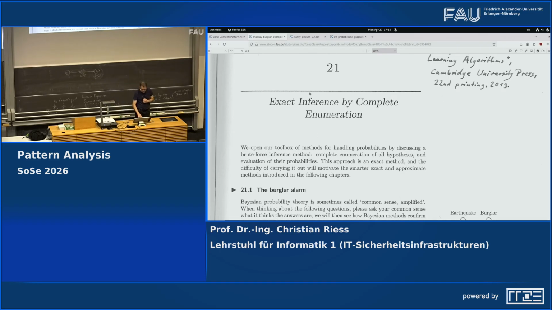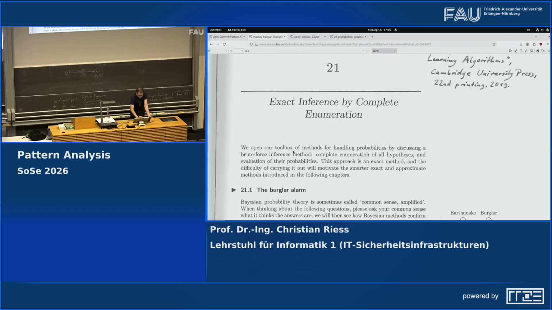Interestingly, the chapter title is already an interesting bit of information. It says exact inference by complete enumeration. So we have a categorical distribution, and we can go through all examples here and calculate this through.